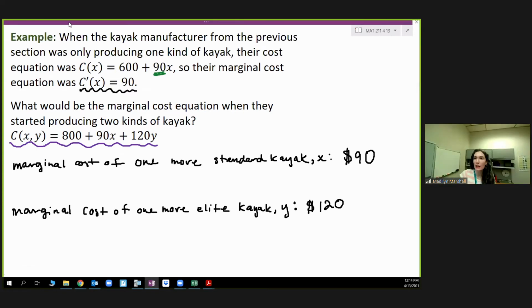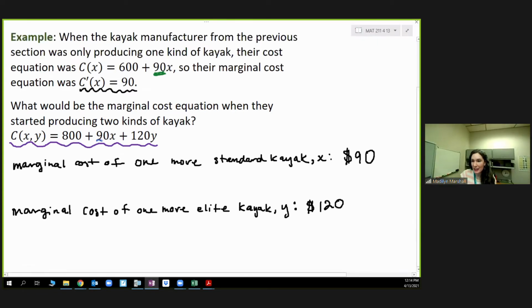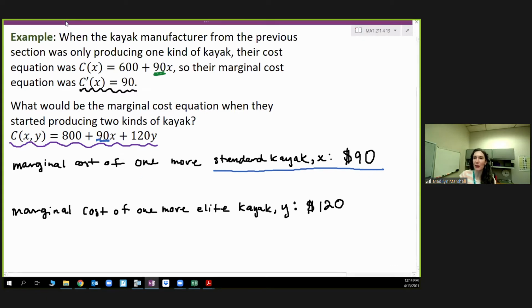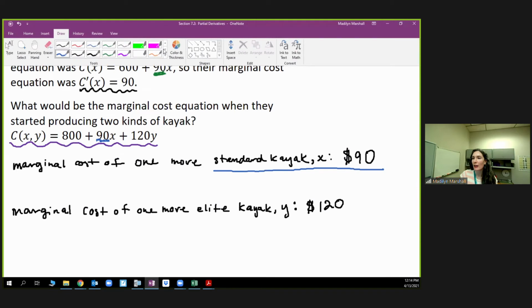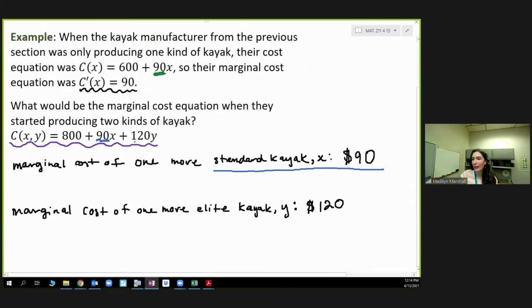In this equation, we're able to see that every additional x is going to increase our total cost by 90, since the 90 is being multiplied by x. And every additional y will increase the total cost by 120. Not all of our problems we'll be able to just look at and see this way.